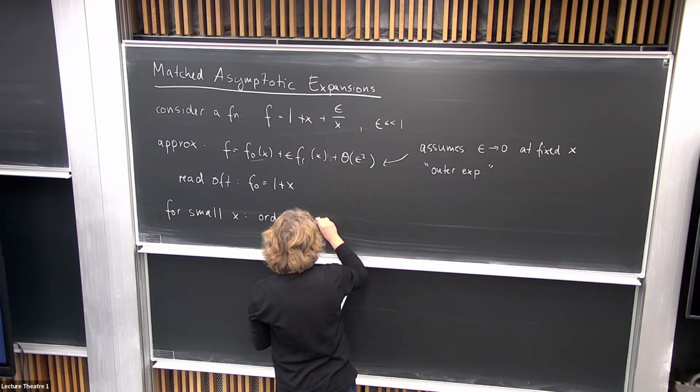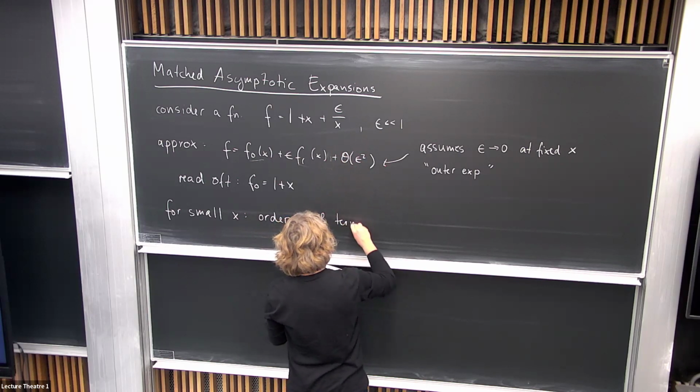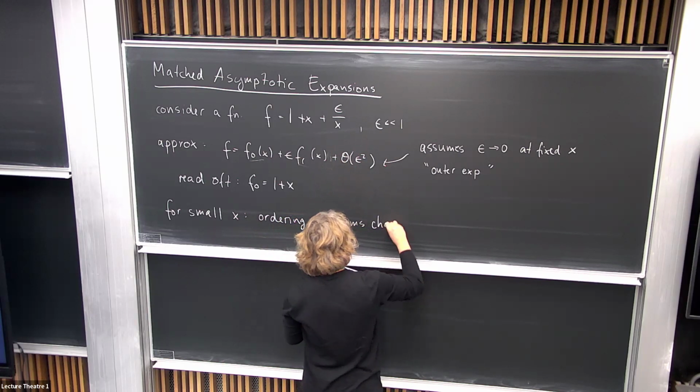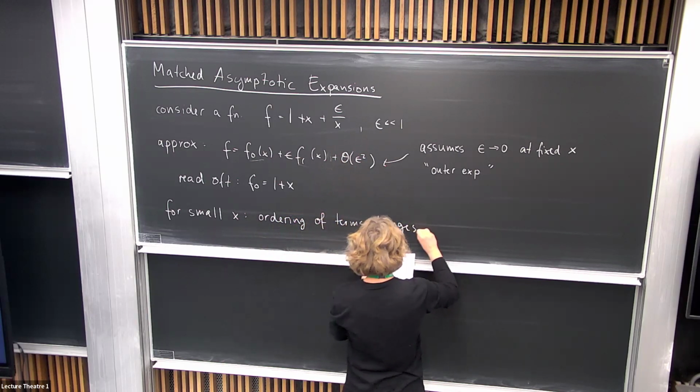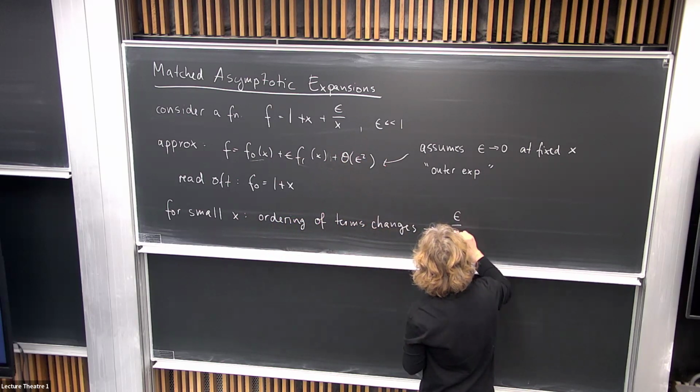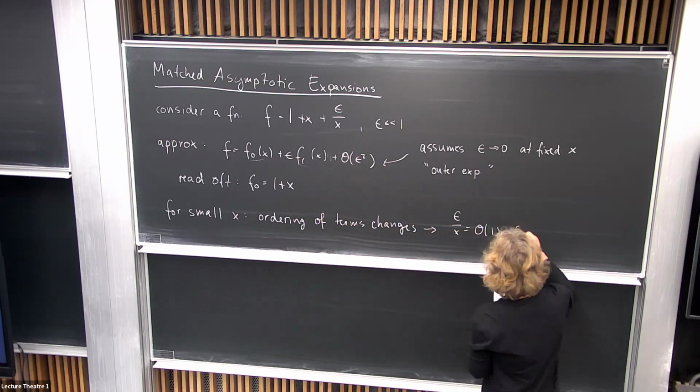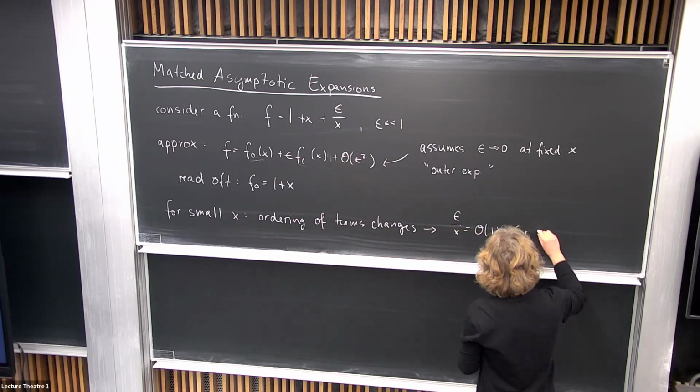The ordering of terms changes, because now epsilon over x becomes order 1 for x of order epsilon.